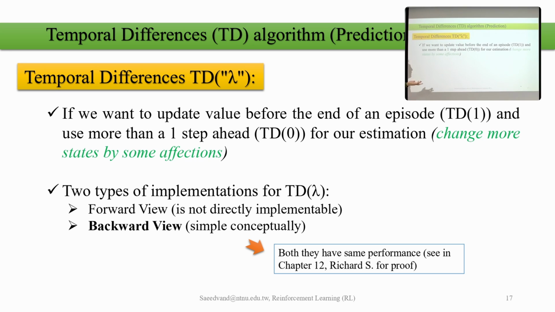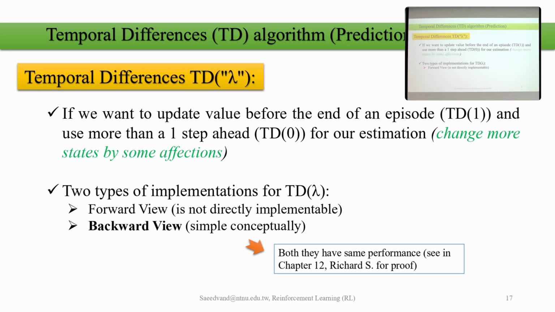What can I do? The solution is TD lambda, which is kind of calculating some simple masses to see how effects should be applied on different values during the episode. We have two types of implementation for this manner.